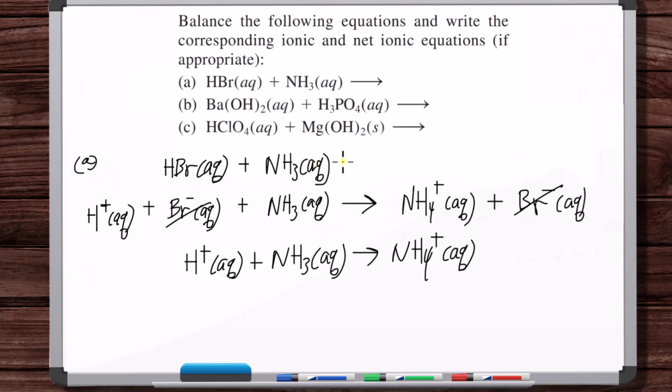And what resulted is these NH4 plus and Br minus ions in the solution. But in the molecular equation, we're not going to show this as dissociated. We're going to show this as an aqueous ionic compound. So let's do that. Okay, so there's the molecular equation.